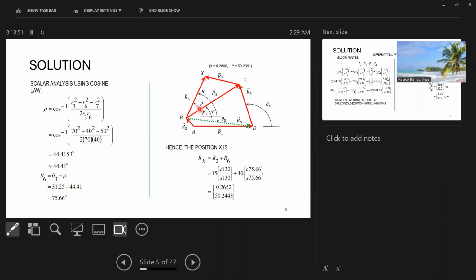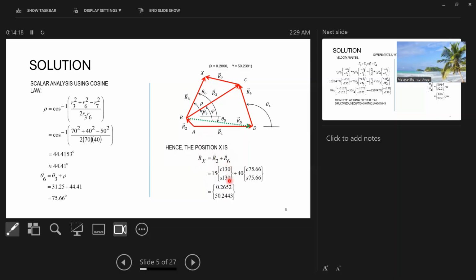Since we know theta 3, just add this rho, and we get theta 6, which is 75.66. Now from A, assuming A is (0, 0), we can get to X by R2 plus R6.